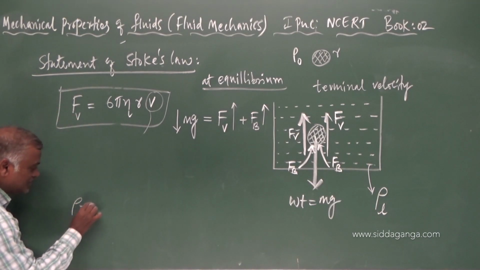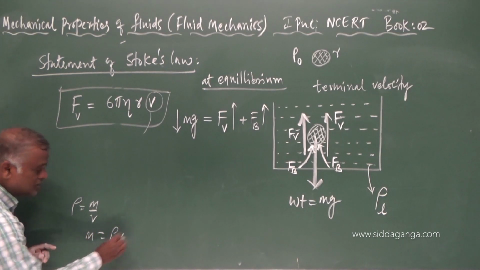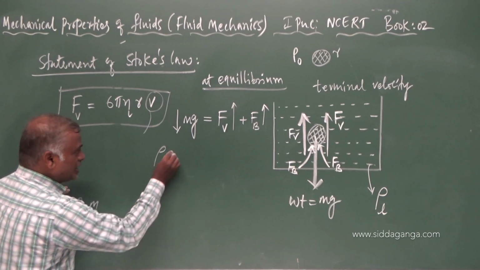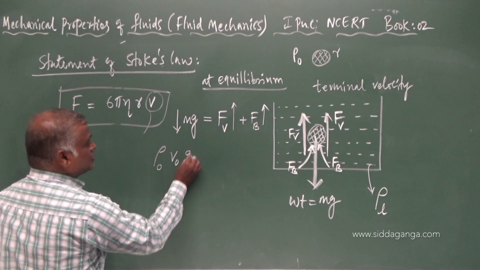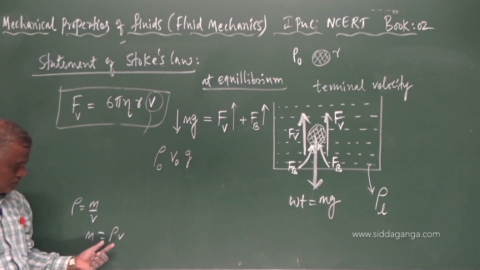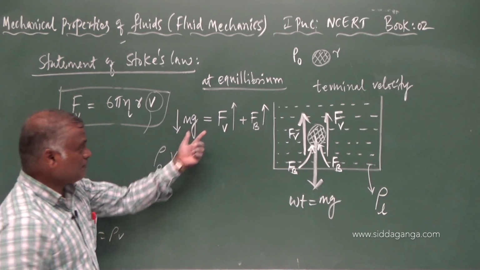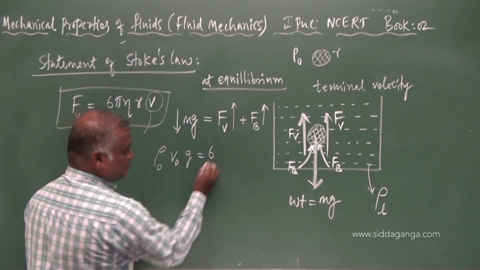Again, density is equal to mass by volume, as we have studied. Therefore, mass is equal to density into volume. Mass of the object is density of the object into volume of the object, because it is completely submerged, into g. M is equal to density into volume. Okay, fine. Viscous force, just as we have written here, 6.